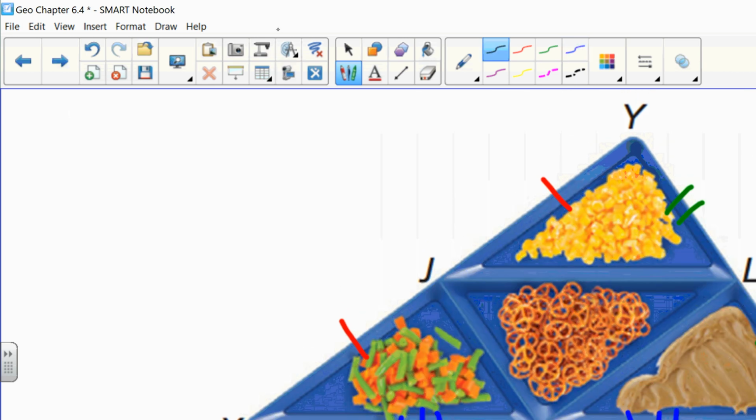So JK, this line here, would be parallel to what other line? Not LK, because this line here would be parallel to YZ, because it's going to be parallel to the third side.